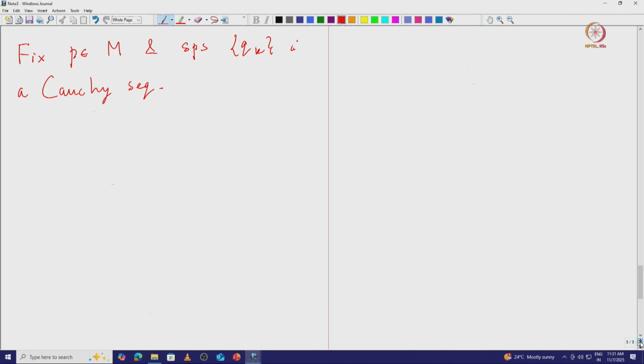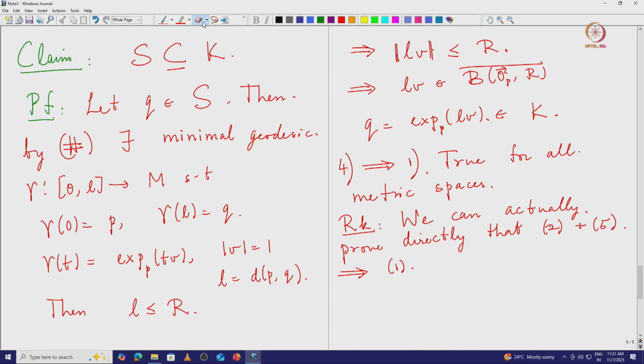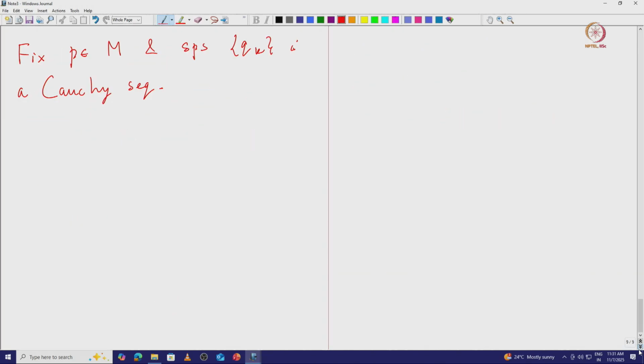So actually sorry, I should have said that in fact the property 3 and hashtag directly prove property 1. Okay. Right. So fix P such that the exponential map is defined everywhere. Okay, and let Qk be a Cauchy sequence.